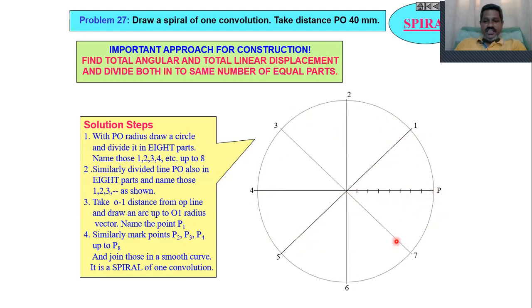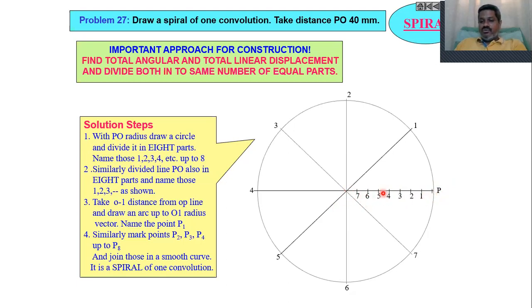If we divide the circle into 12 equal divisions, we have to divide the radius also into 12 equal divisions. So assume this center point is O, and OP is divided into 8 equal divisions. From the P point, I am naming the points 1 to 8.